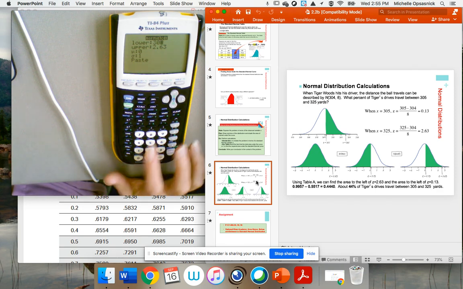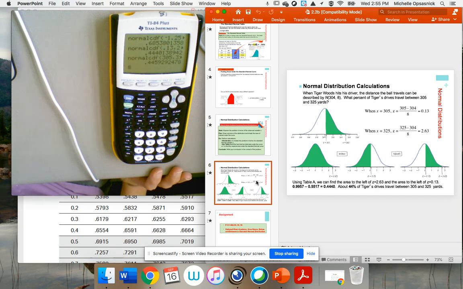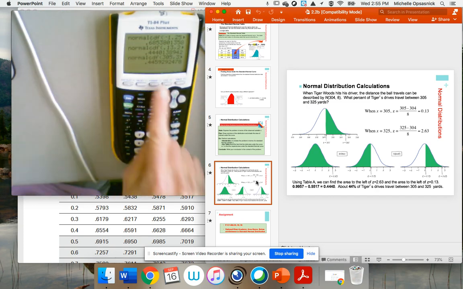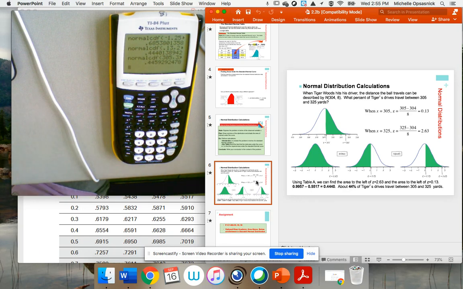So I can make my lower bound 305, my upper bound 325, my mean 304, and my standard deviation 8. And then I can hit enter to get here. It's a little bit more precise because it didn't round those z-scores. So I get 0.446 roughly instead.